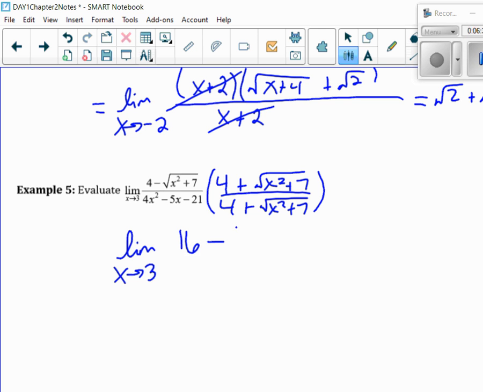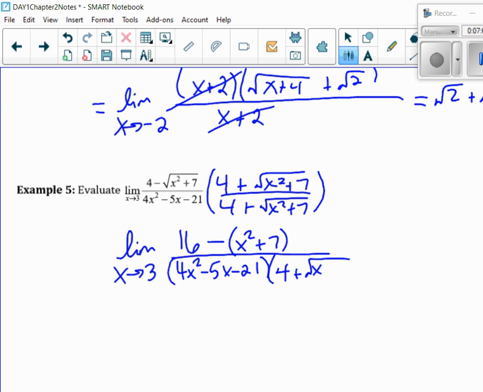This is a minus the whole thing, x squared plus 7, right? Now, I'm going to actually try to factor that quadratic there. Maybe I'll wait. Do you understand why I would wait? Because something is going to cancel on the top, so that will kind of lead me how I'm going to factor. And this could be anything there. So I'm just going to leave it as x squared minus 5x minus 21 times 4 plus root of x squared plus 7.